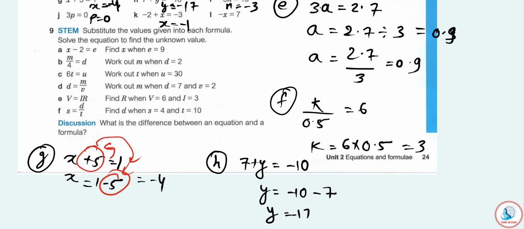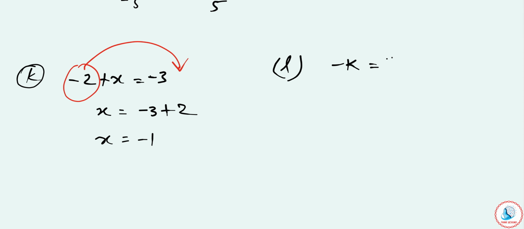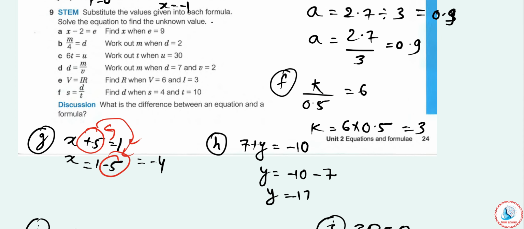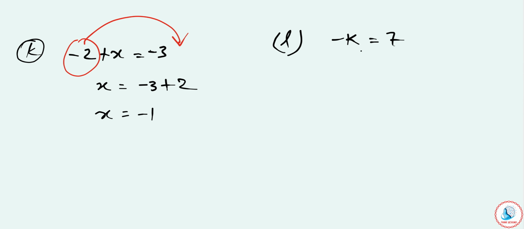Now question number L. Minus x is equals to 7. I think it's minus k. No, it's minus x. So how can you represent minus x? It means minus 1 is multiplied with x, right?